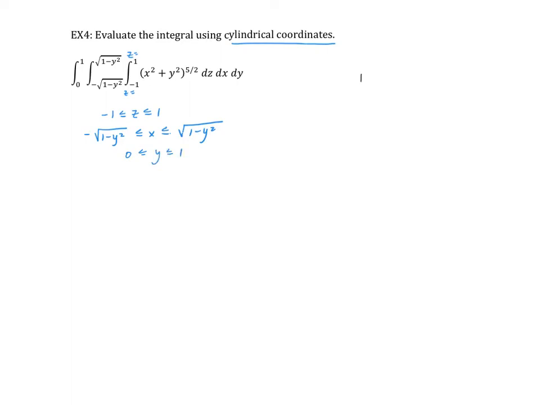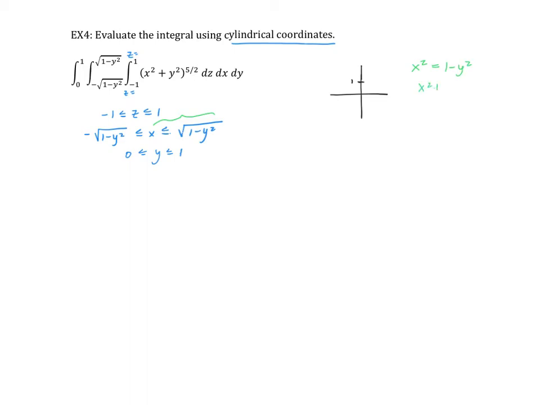So we already know what the z value is. It's the x and the y that we need to figure out. So notice that my y values are going from 0 to 1. So I've only got positive y values. Look at the x values. And now it might be helpful if we go ahead and look at maybe one side of this inequality. The x values are less than or equal to the square root of 1 minus y squared. Or in other words, x squared is equal to 1 minus y squared.